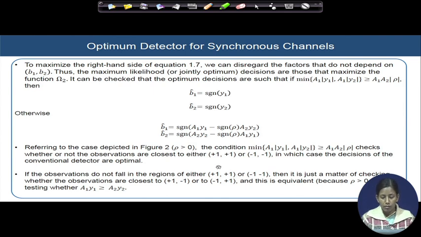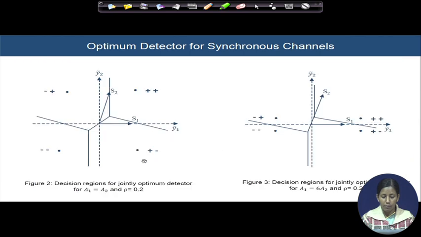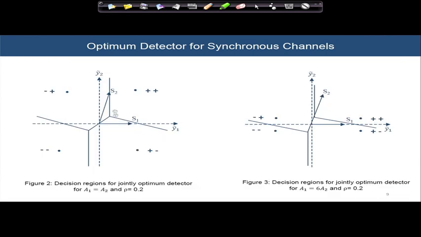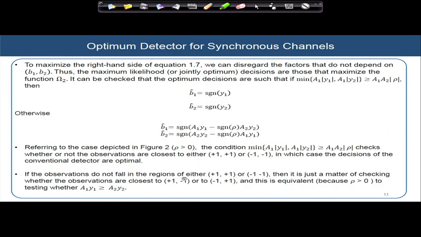Think of a situation, referring to figure number 2, where my rho value is greater than 0. The condition that the minimum of A1 mod y1 and A1 mod y2 is greater than or equal to this checks whether or not the observations are closest to either +1 or -1. So, basically it is trying to see whether you are in this zone or close to this zone, in which case the decisions of the conventional detectors will be optimal.